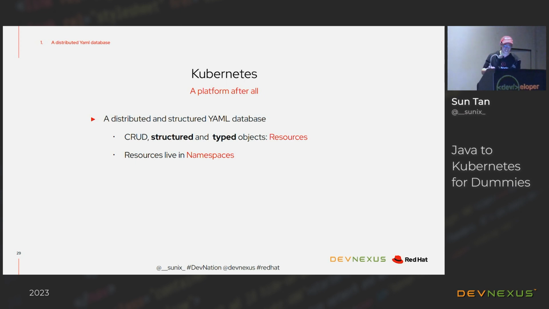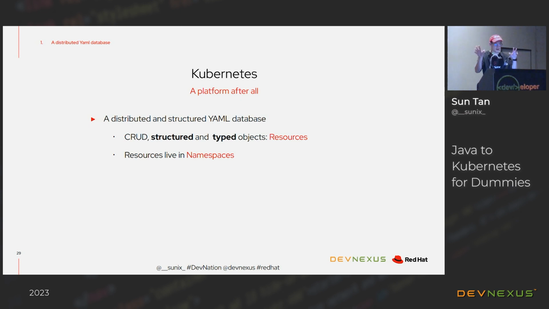But it's true. In Kubernetes, you can create objects that we call resources that are structured. All these objects have a type. They are structured with a schema, and you can create, read, make some searches, update, and delete these objects, like in a NoSQL database.